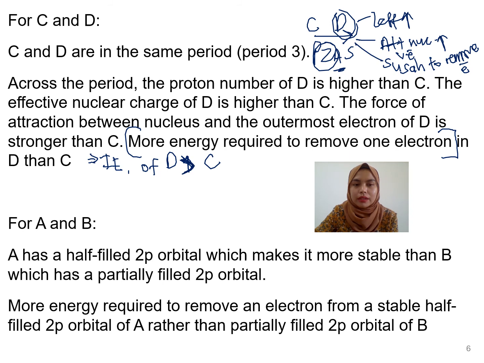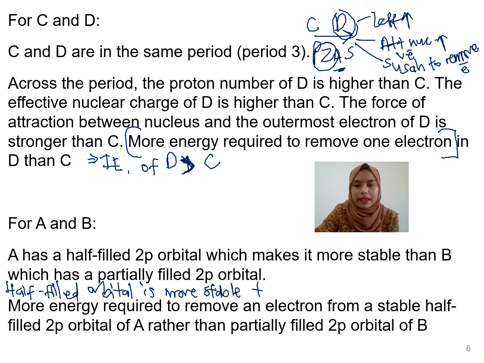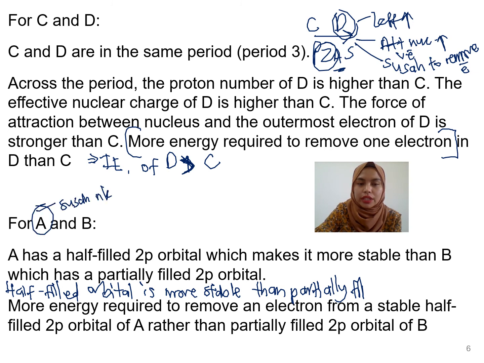Okay, therefore, you know that half filled orbital is more stable than partially filled orbital. So bila dia more stable, susah tak nak remove electron in A? So susah nak remove electron dekat A.